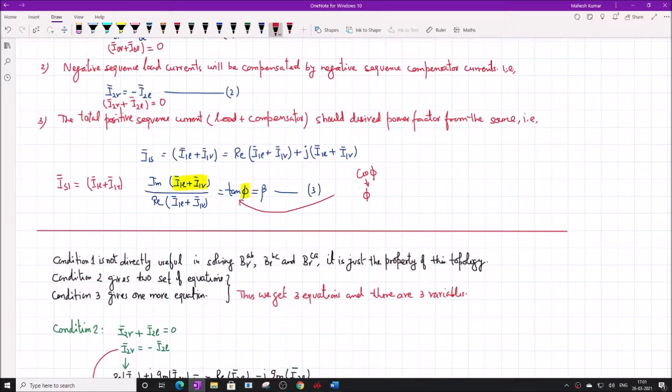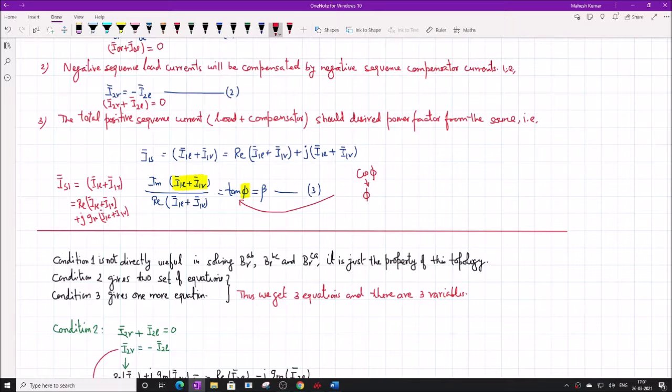It has a real part and an imaginary part, real of I1L plus I1 gamma plus j imaginary of I1L plus I1 gamma. Therefore, the ratio of the imaginary of I1L plus I1 gamma divided by the real of I1L plus I1 gamma must be equal to tan phi. That is the third condition.